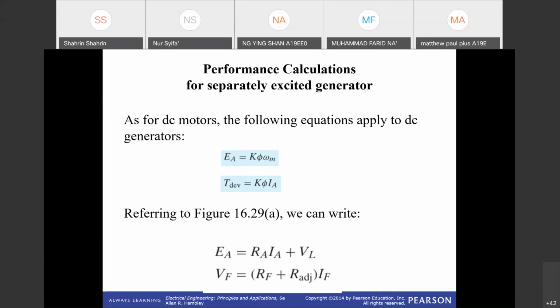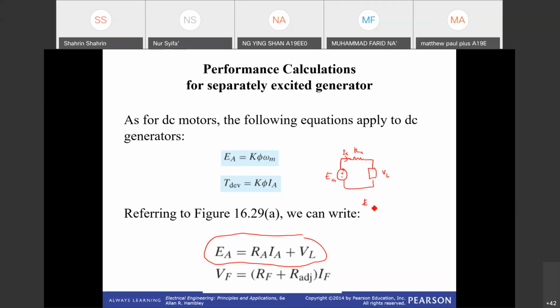But the difference is actually in the armature circuit equations. Right now, your voltage source is EA, so please note that your voltage source is EA, then RA, and this is your IA, and this is your load, which is your VL.